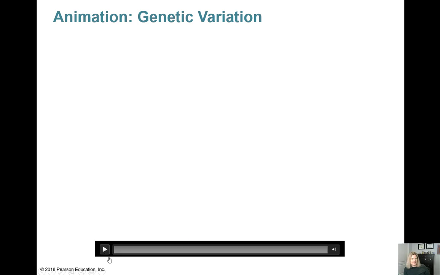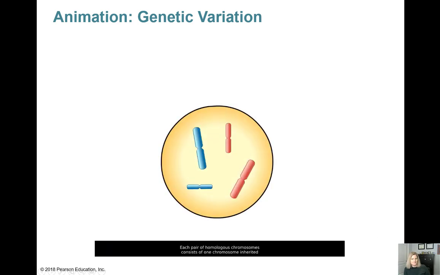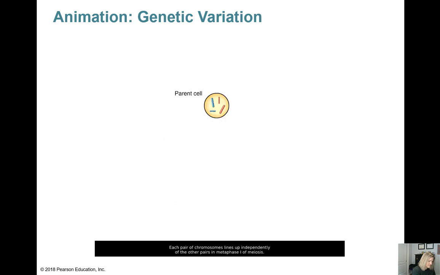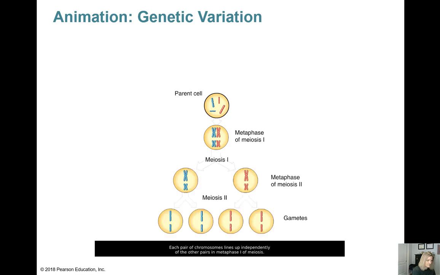So let's watch an animation to demonstrate this. Each pair of homologous chromosomes consists of 1 chromosome inherited from the father and 1 from the mother. Here we've color-coded them blue and red. Each pair of chromosomes lines up independently of the other pairs in metaphase 1 of meiosis. Here you can see one of the possible arrangements and outcomes.